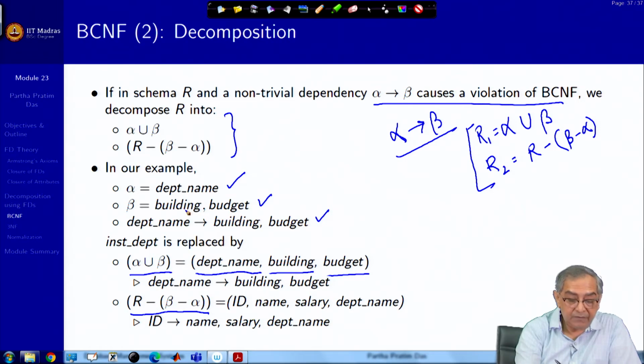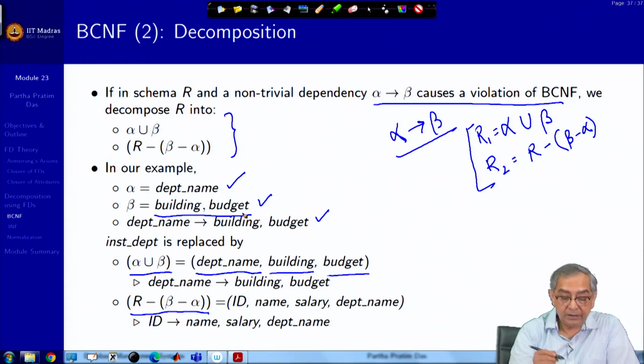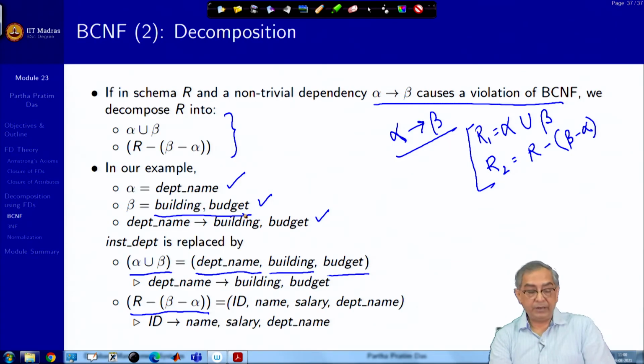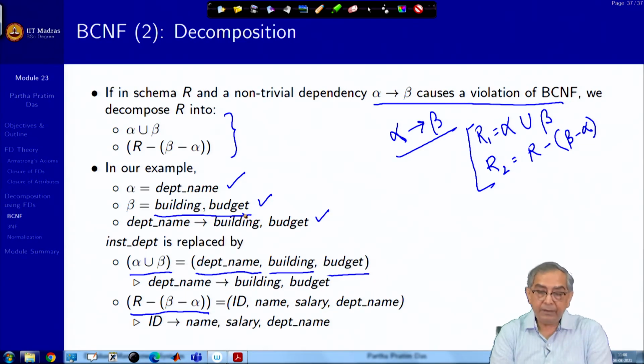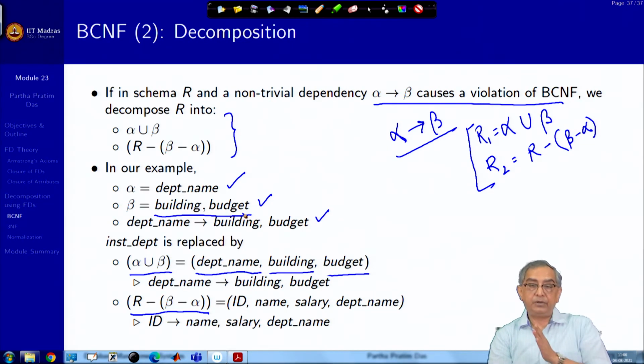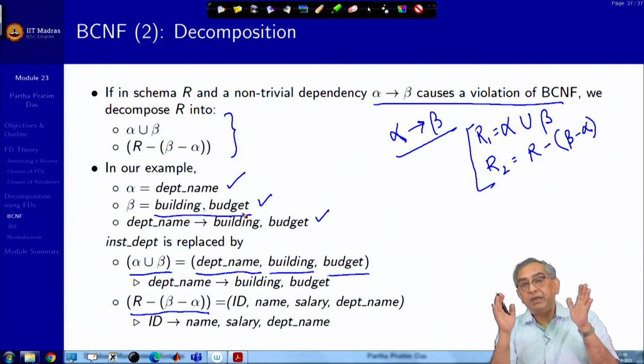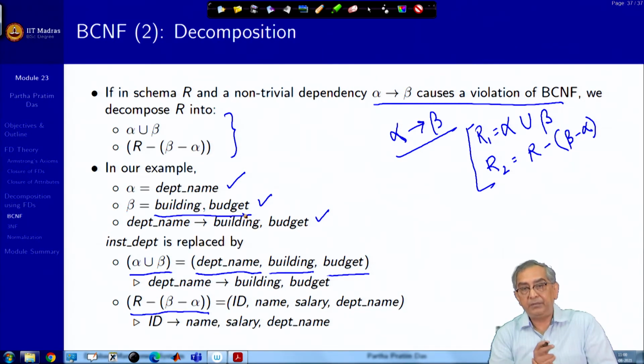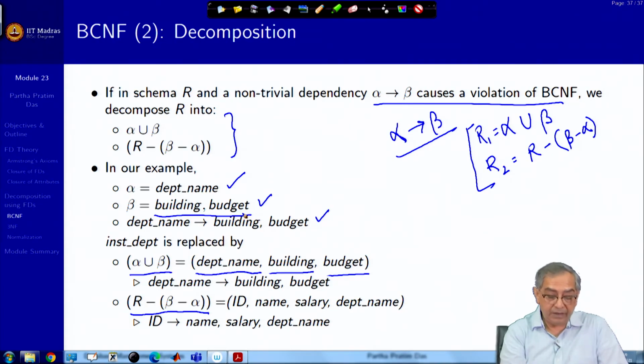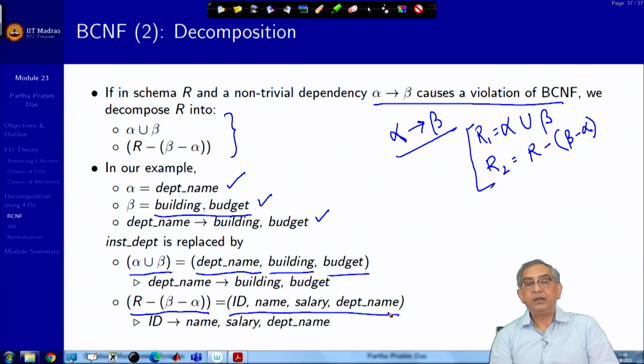What is beta minus alpha? Beta minus alpha is building, budget only, because department name is not there on the right hand side, it is already unique. So, building, budget has to be taken out from R, which is the instructor with department relation we had. If you take out building and budget, what you are left with is our original instructor relation.